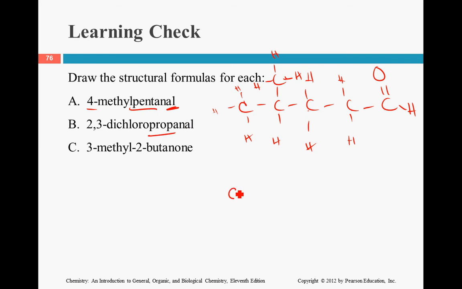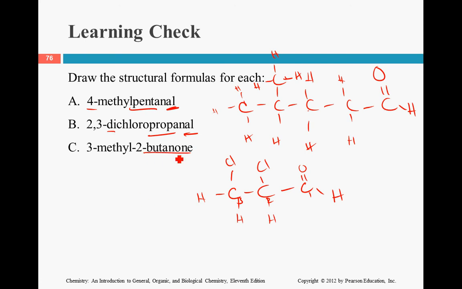Prop, which means we have 3 carbons, is an al, which means there's an aldehyde at the end. 2, 3, 1, 2, 3, dichloro. So we have 2 chlorines. All the rest of them are hydrogens.